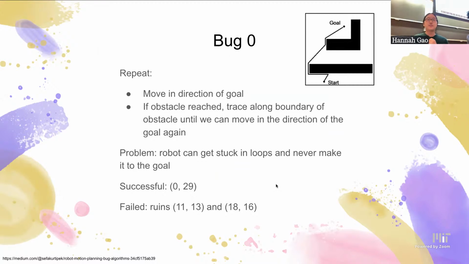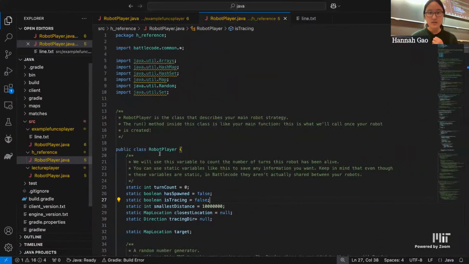Okay, so Bug 0 is really easy to implement, but one issue is that your robot can get stuck in loops, as we will see, and never make it to the goal, so you'll end up with a really useless robot. But we'll show one successful attempt and one failed attempt. So I guess we can start coding now.